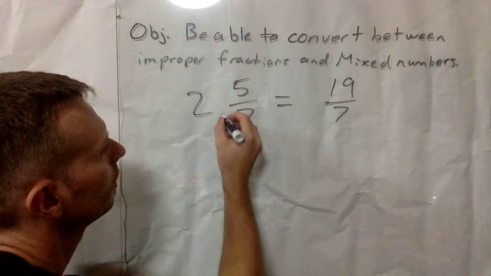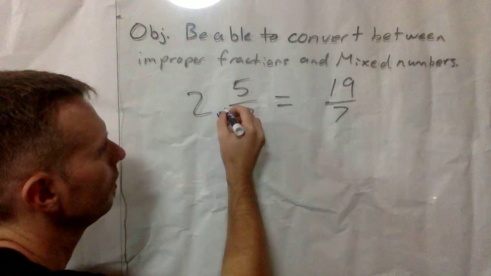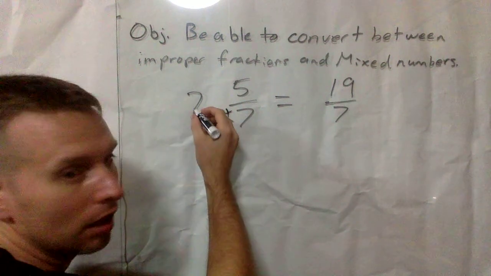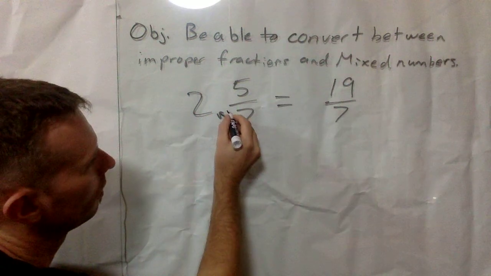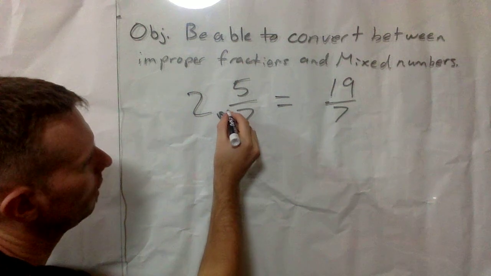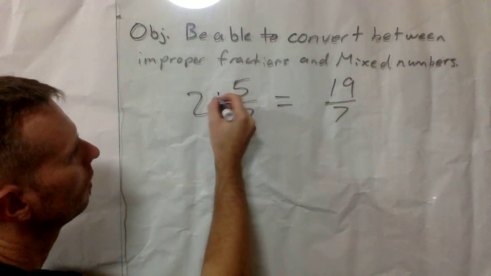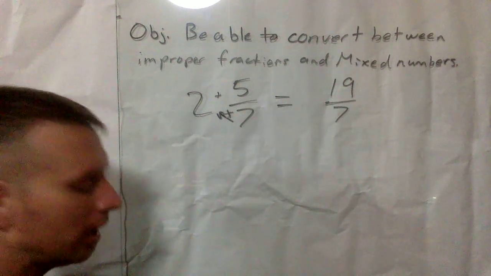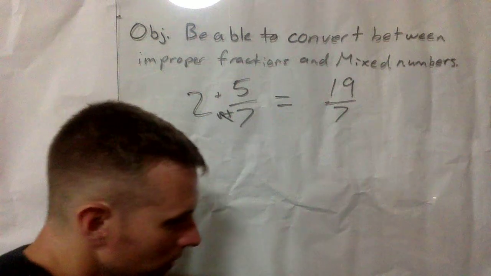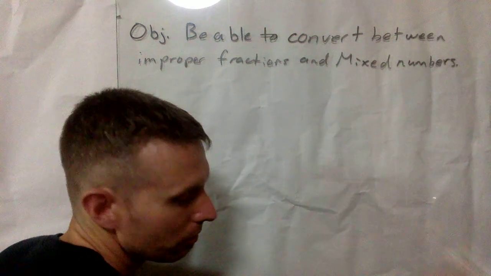Sometimes people draw a little arrow for the multiplication. Make sure it's multiplication, not addition: 7 times 2, and then that total plus 5. It's up to you, however you can remember it.